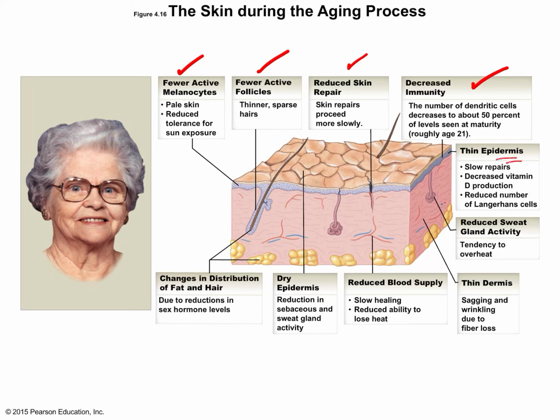And because of this, you have a decreased vitamin D. You also have reduced sweat gland ability. So older people tend not to be able to thermoregulate very well. So they tend to overheat very easily, which is why when we have a heat wave, you have all these cooling centers, and sometimes you hear about older people passing away because they just can't sweat as efficiently as you guys do as you're younger.